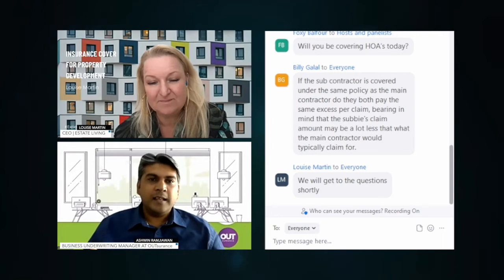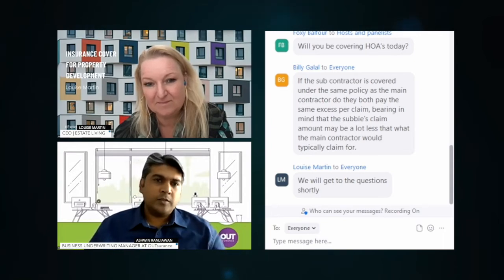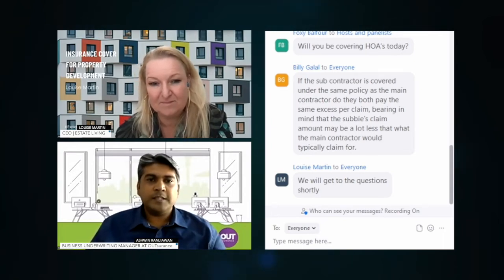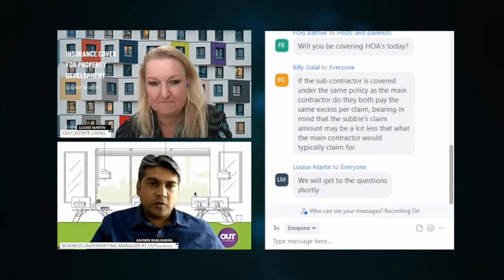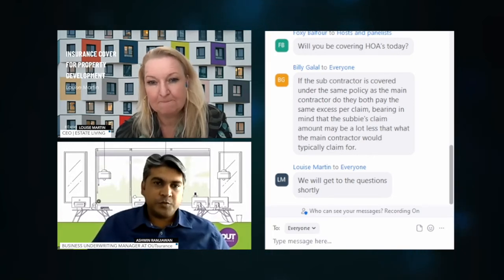Again, there are a few products out there, and if you separate contractor's all risk from general public liability, your typical public liability cover is more comprehensive as opposed to public liability packaged under the contractor's all risk policy. I'll differentiate the two for you.